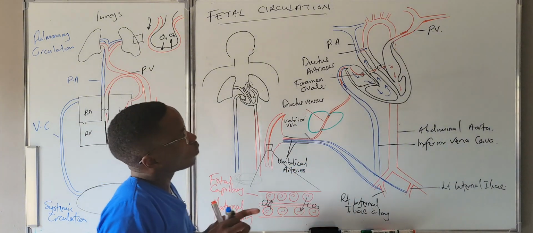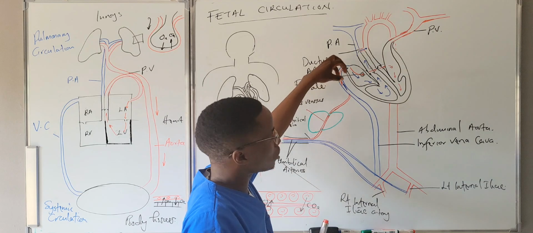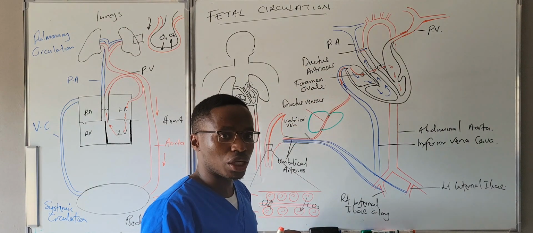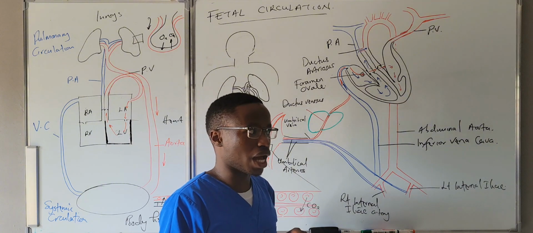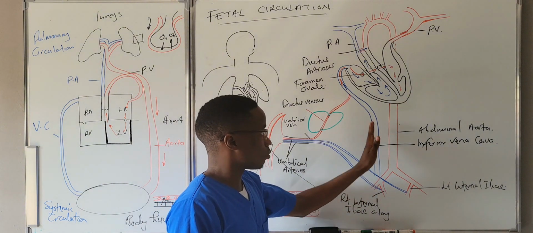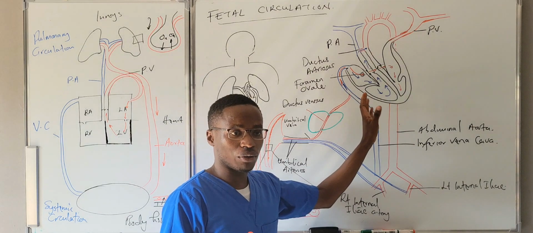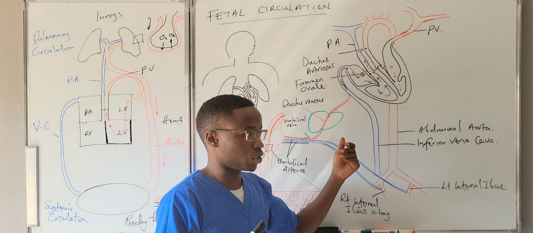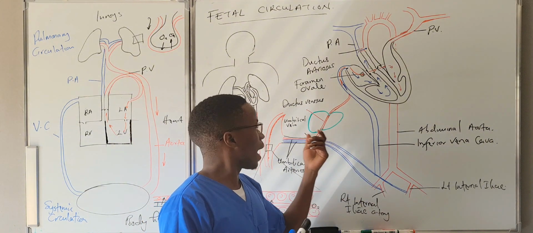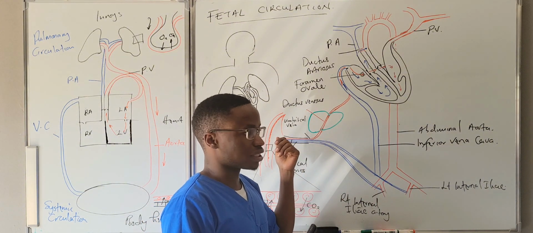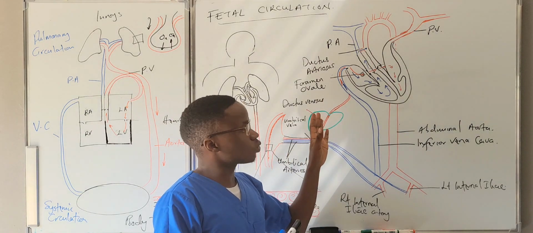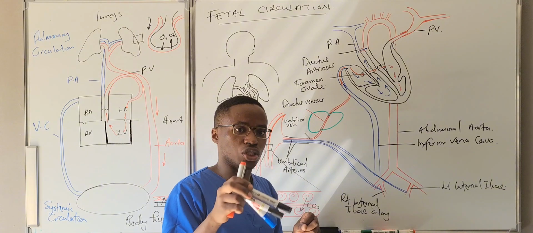Blood that is entering the heart into the right atrium is a mixture of oxygenated and deoxygenated blood. Why? Because there is some of the blood coming from the vena cava, which is bringing blood from all parts of the body, and then there's also blood coming from the placenta, carrying oxygenated blood. So I'm going to have oxygenated blood and deoxygenated blood.